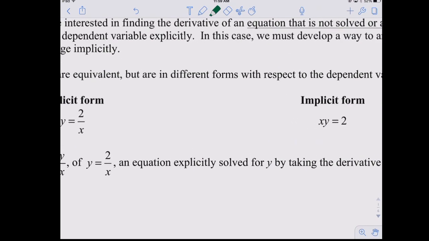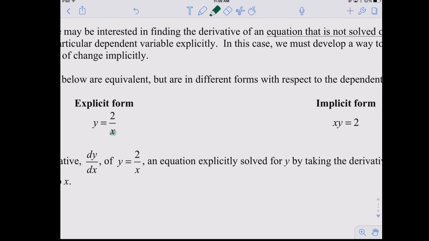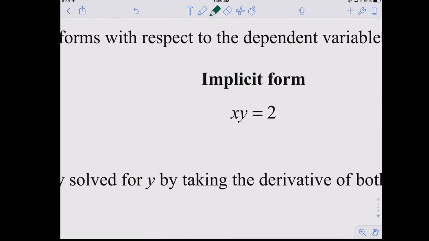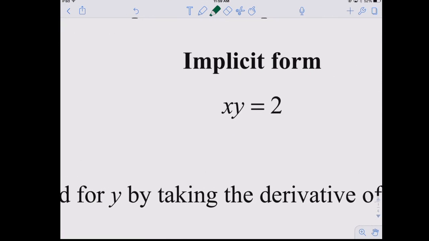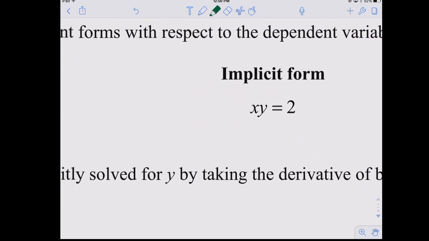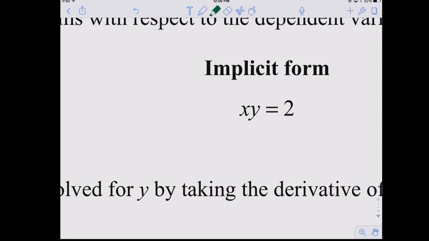This is what we would say is an implicit form. And they're the exact same equation everywhere except at 0. Of course, this one doesn't permit a 0 into its domain, whereas this one does. But everywhere besides 0, they're equivalent. Okay? They're both the same equation. We're going to learn in this section how to take the derivative of something that's like that.